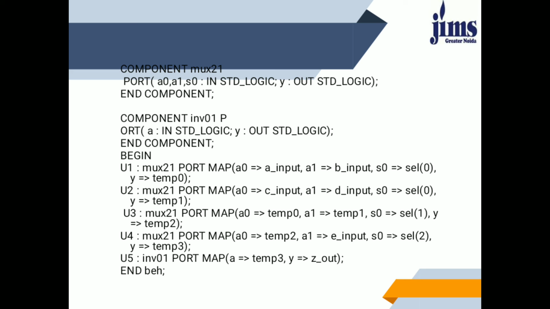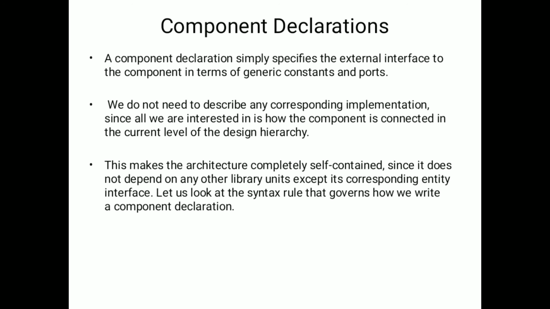Now if we want to declare the component, then what is component declaration? First we need to understand: a component declaration simply specifies the external interface to the components in terms of generic constants and ports.